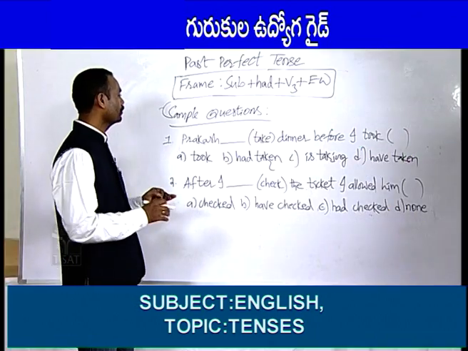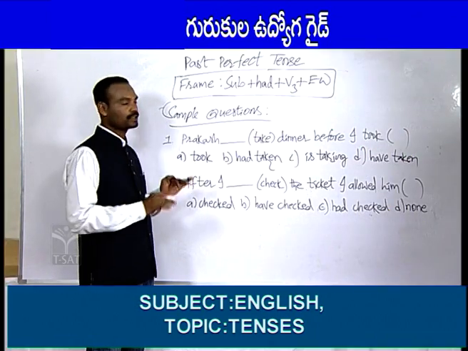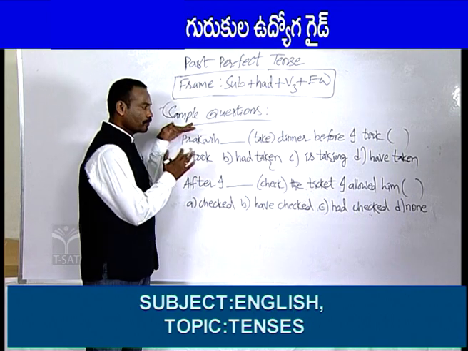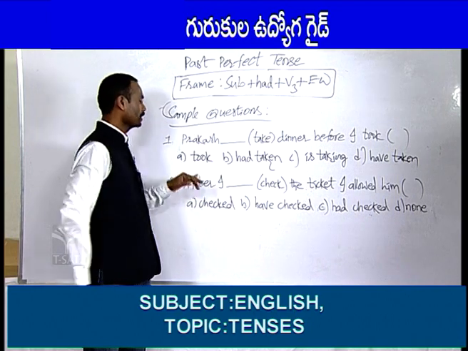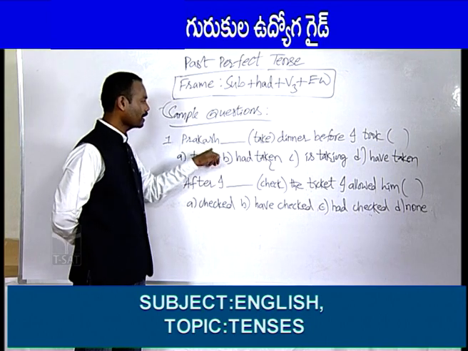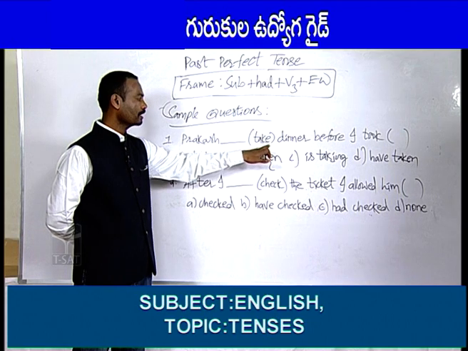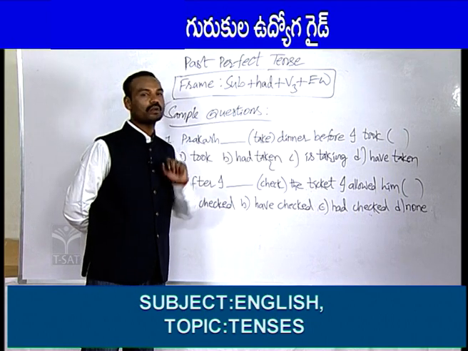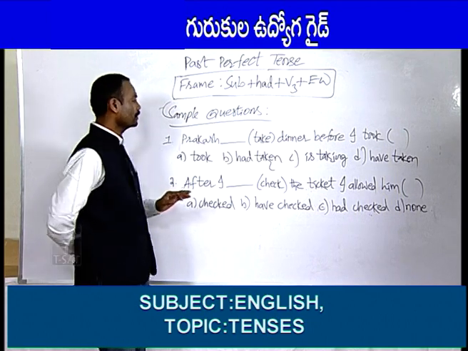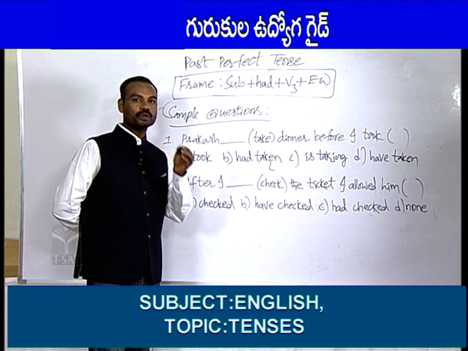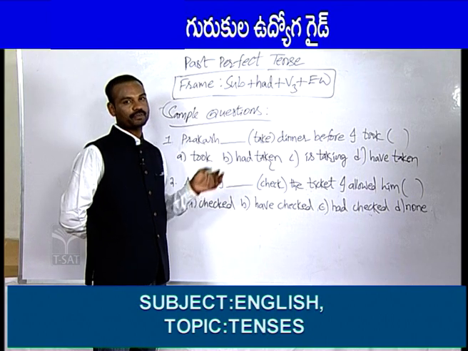Friends, now let's see some sample questions for competitive exams. From past perfect tense, questions will be given like this. Let's see example number 1. Prakash dash, under the bracket they have given one verb here, take: dinner before I took. In every tense there will be some keywords. Now I am going to tell you the keywords of past perfect tense.